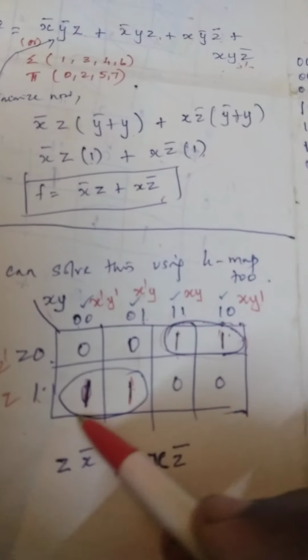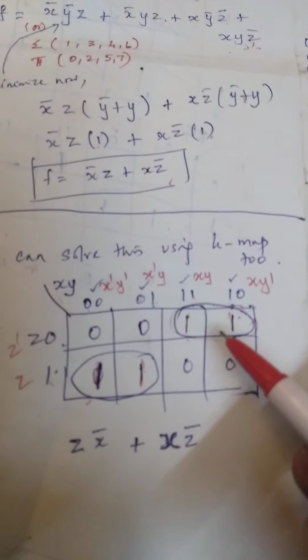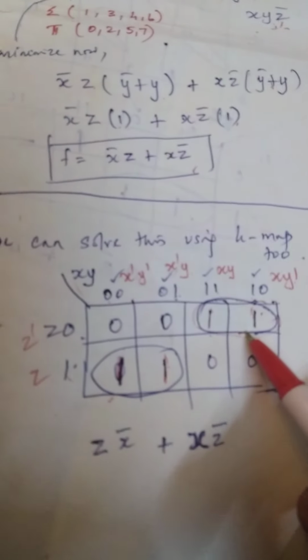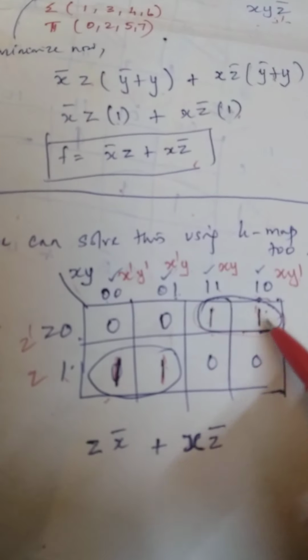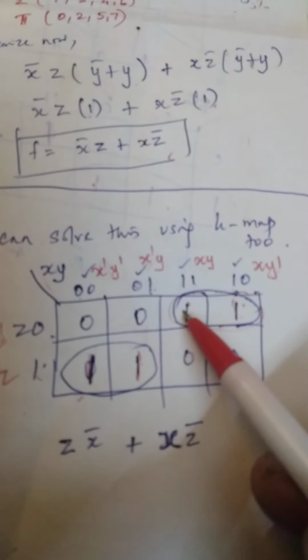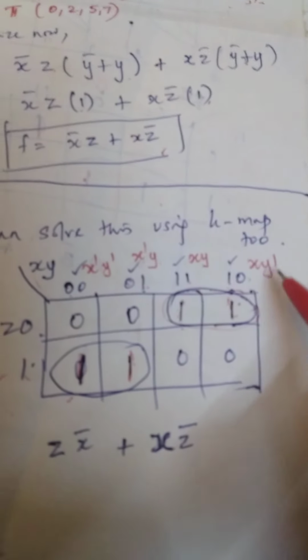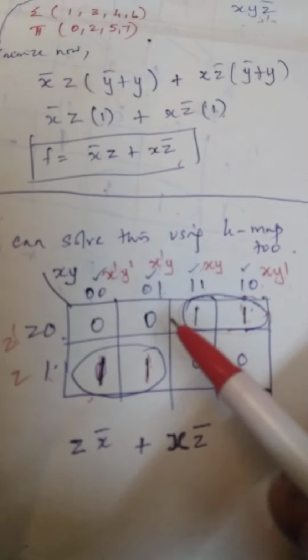Now we need to pair these. We can pair this one and this one together. So finally we can write, we have to see which is common. For these two, z' is common, so we write z'. Then here see which is common: x y', x is common. So we write z' x.